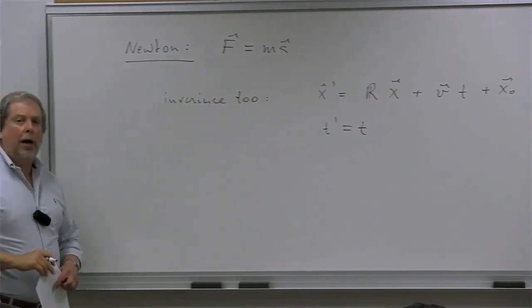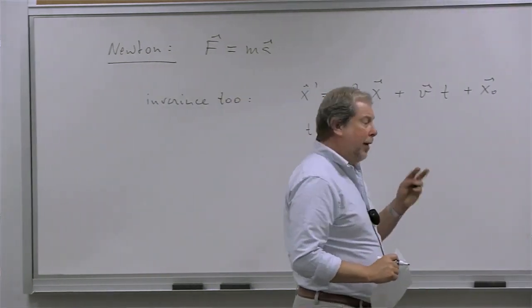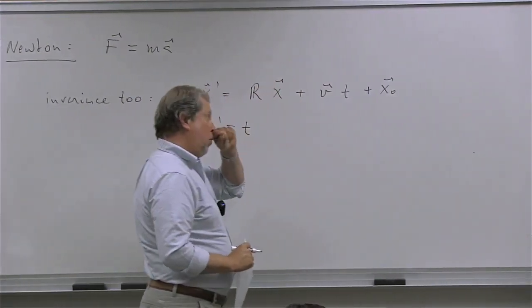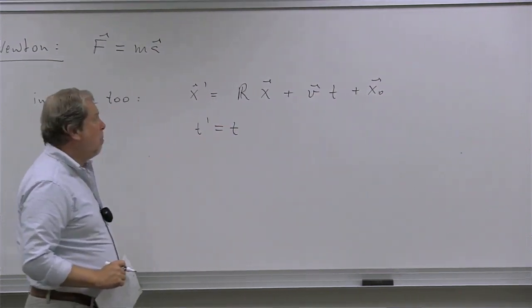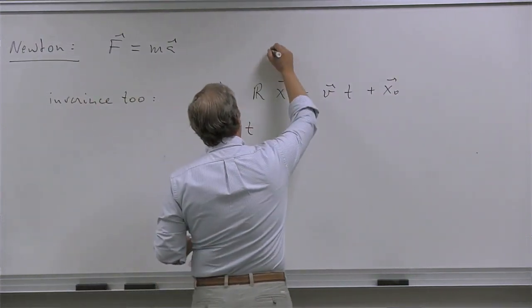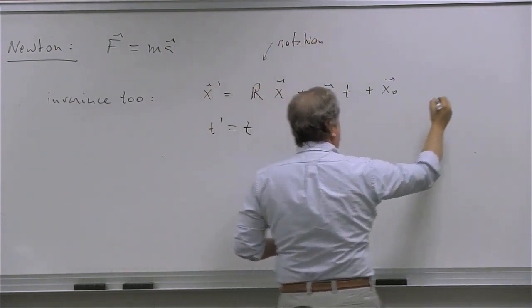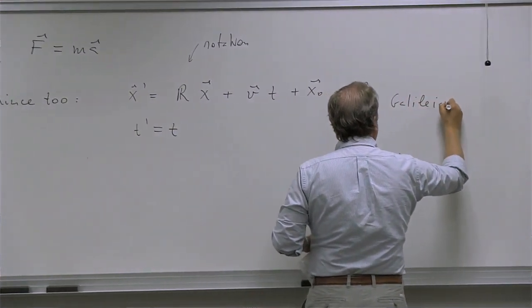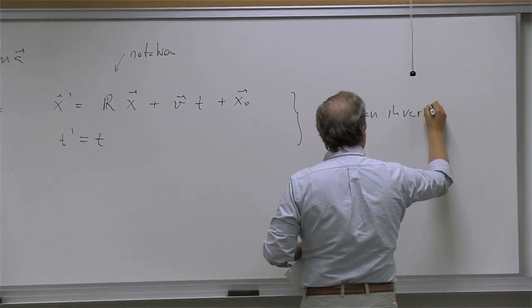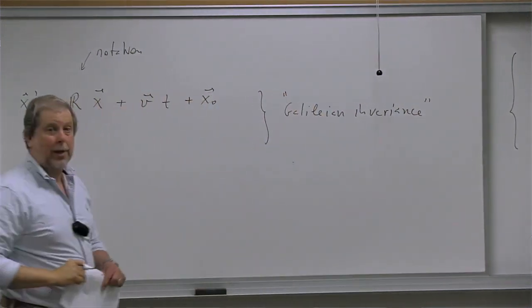So Newton's equation has an invariance, right, which is similar to what we have there, but which does not involve a shift in the time, and it involves generally some sort of rotation. Right? And this is called Galilean invariance.